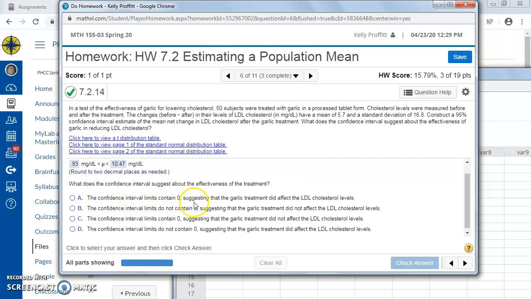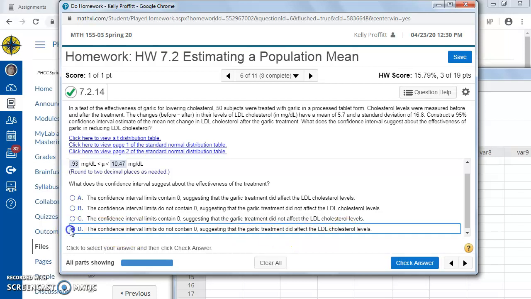No, it doesn't contain 0. The confidence interval limits do not contain 0 because 0.93 is greater than 0, suggesting that the garlic treatment did affect.